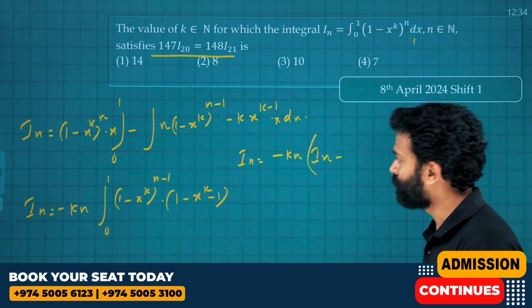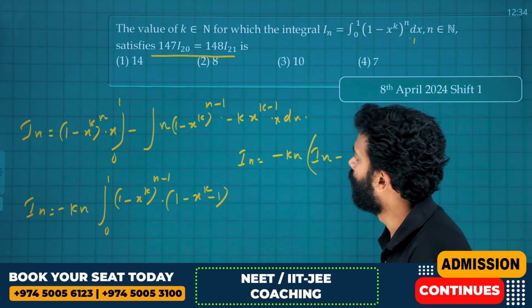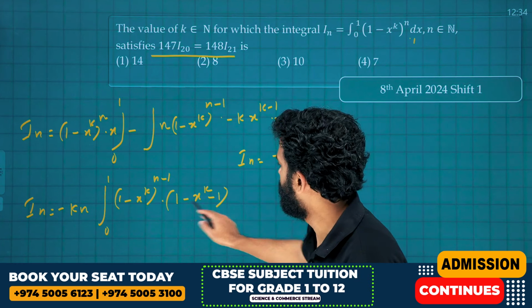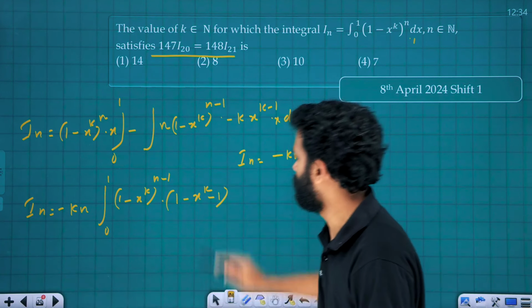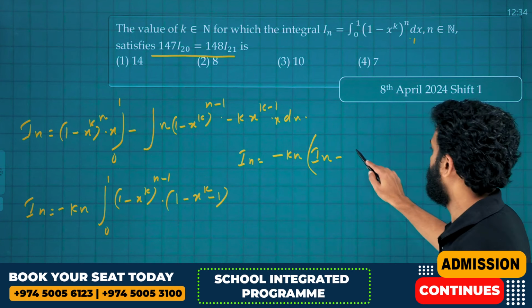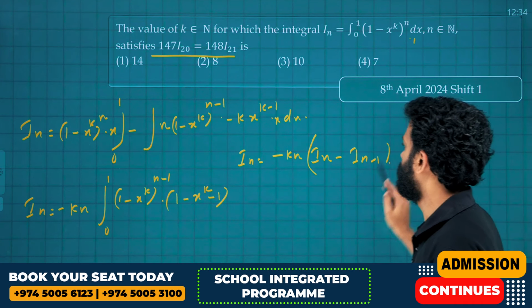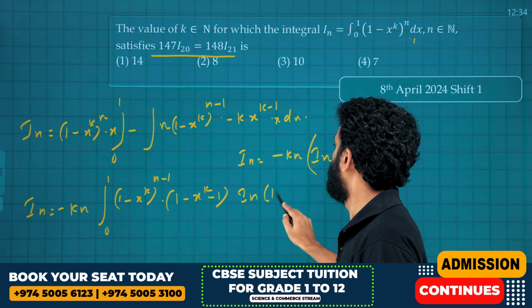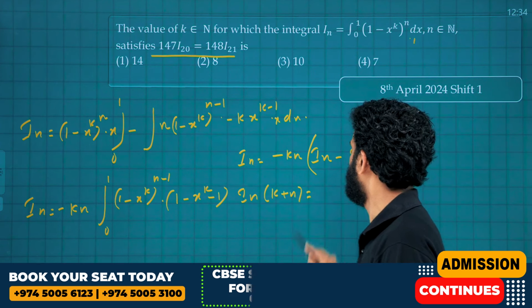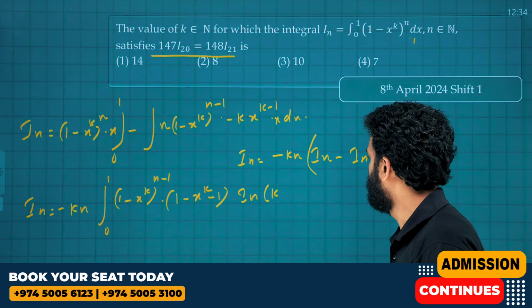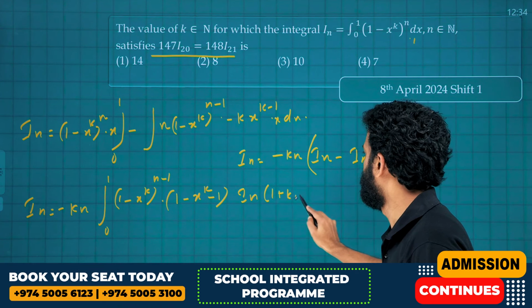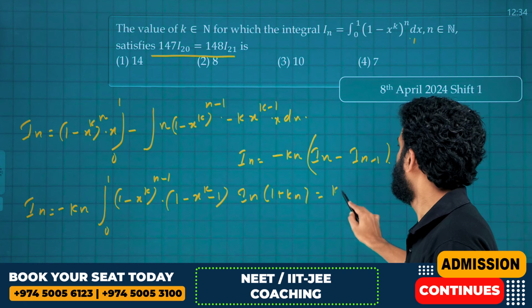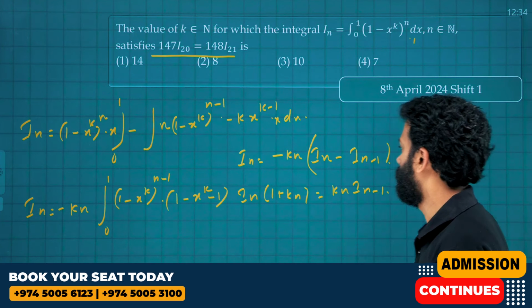Minus of, here it will be (1 minus x^k) the whole raised to n minus 1 only, that is I_(n minus 1). Therefore it will be I_n into (1 plus kn) is equal to kn into I_(n minus 1).